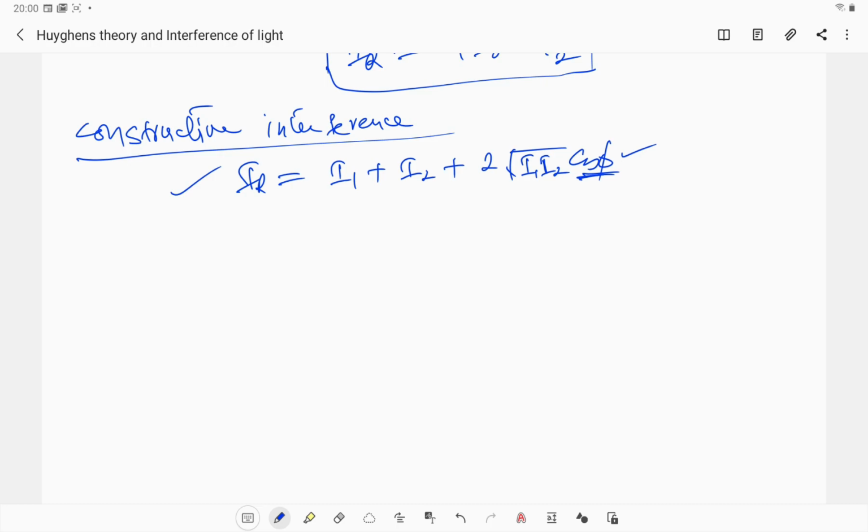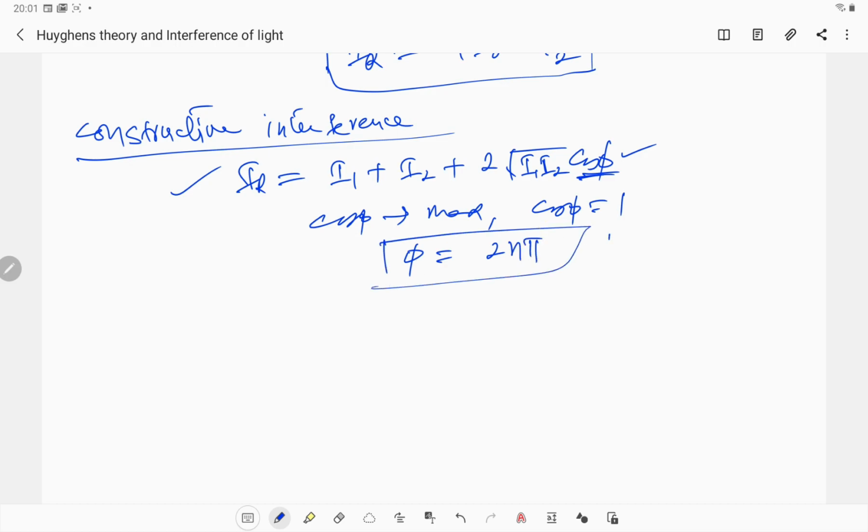If this interference pattern is observed on any screen, the places on that screen where the intensity is maximum are called bright bands. Therefore, here cos phi tends to maximum, which means cos phi is equal to 1. If you substitute cos phi equal to 1, then phi is equal to 2n pi, where n is equal to 0, 1, 2, 3 and so on.